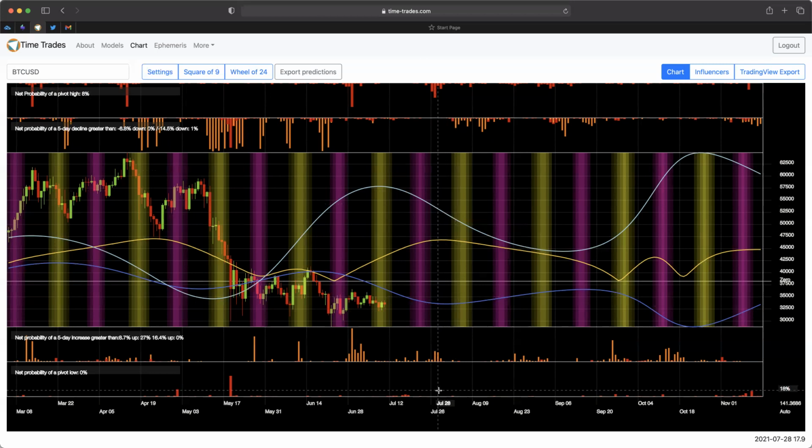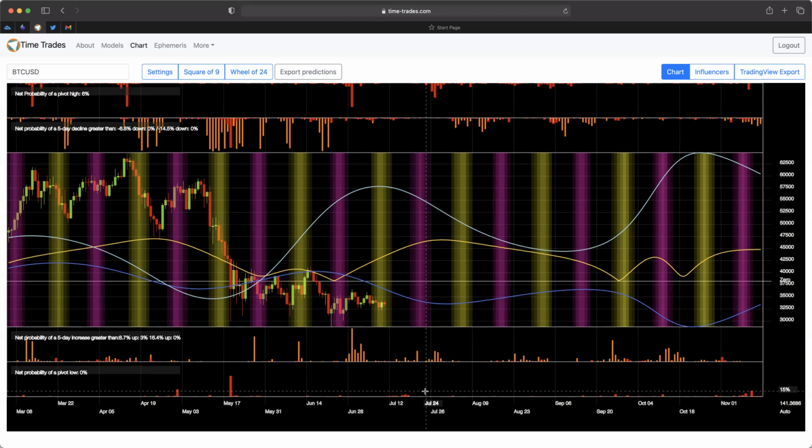I don't know. I also know there's some interesting astrology coming up, some of which is not captured in Time Trades. For example, transiting Saturn is going to be conjunct the natal nodes of Bitcoin on the 24th. I have no natal locations in Time Trades.